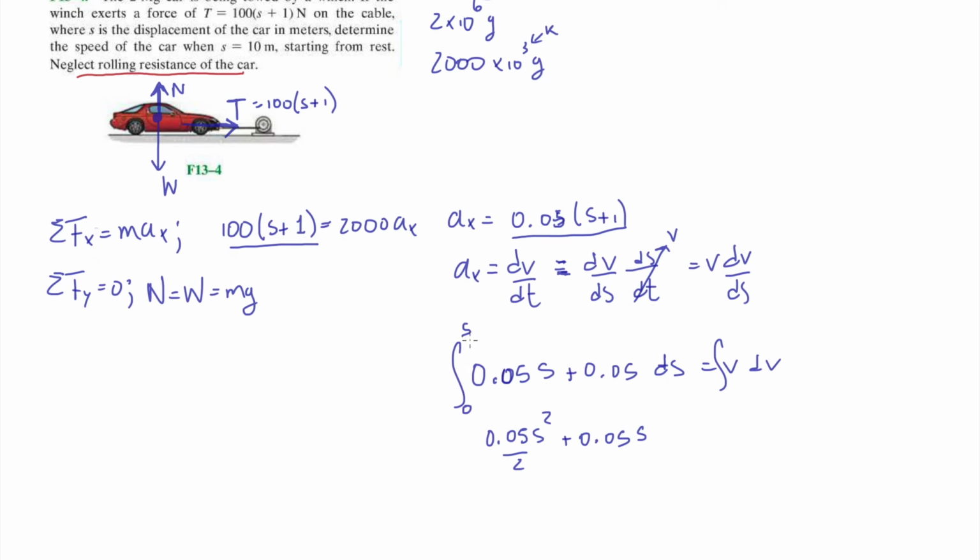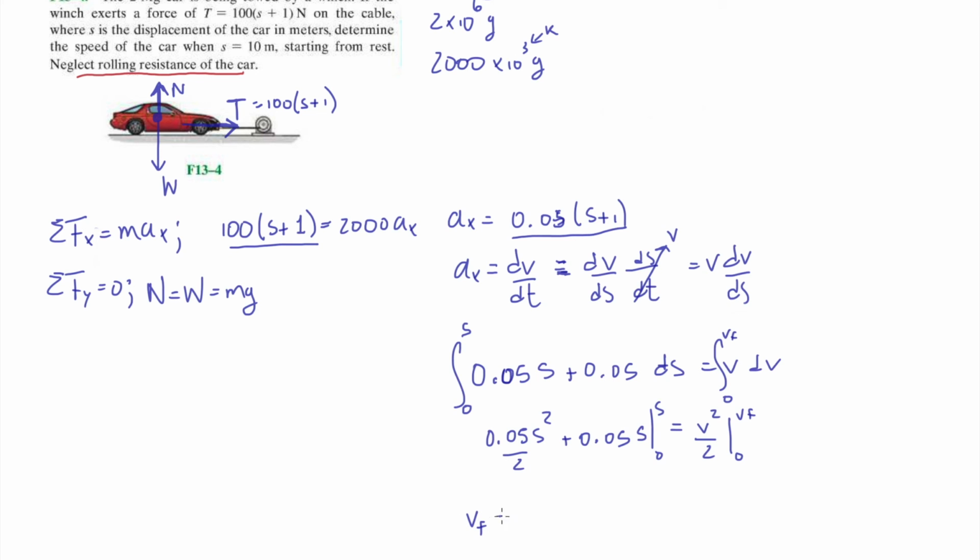You can put 10 up here, but you can just say 0 to s. And this is from 0 to some final velocity, or you can say v naught to vf and plug in 0 for initial velocity, and then here we have v squared over 2, vf.